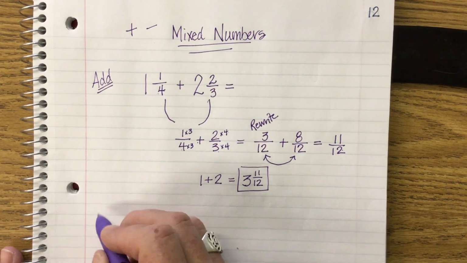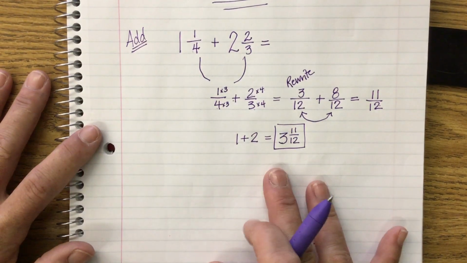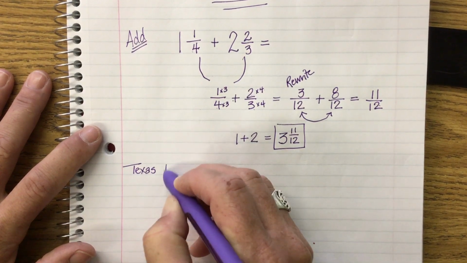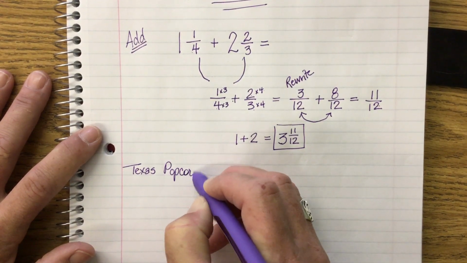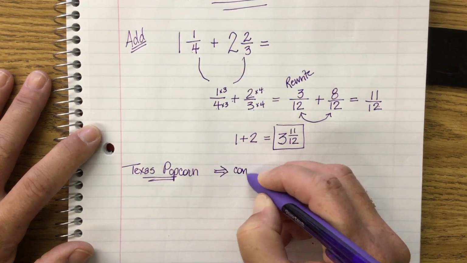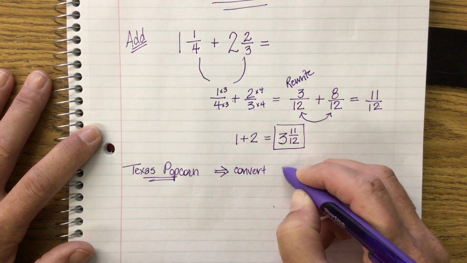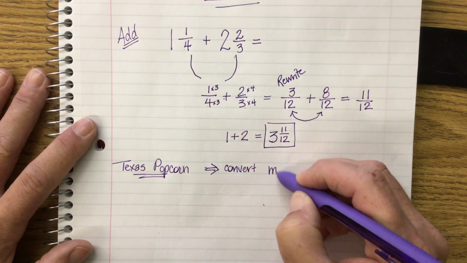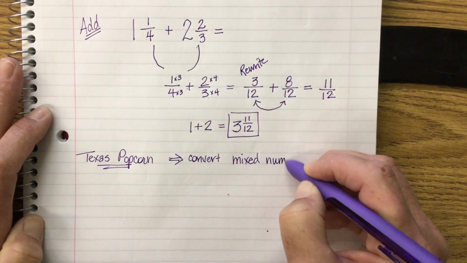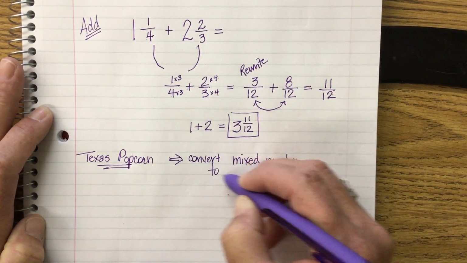Okay? Now, I'm going to go ahead and show that to you now anyway, and I call it Texas popcorn, just as a review. When we convert a mixed number to an improper fraction.